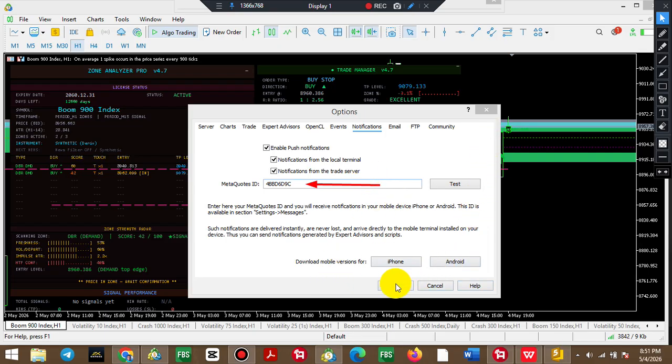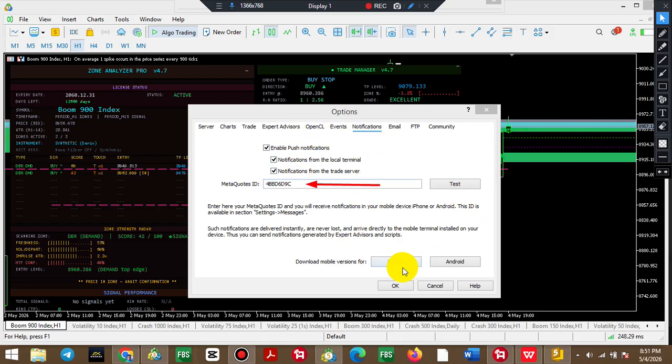Exactly. Now, currently I'm using two MT5 platforms. Sometimes I have to switch to other MT5 platforms to test run my system.